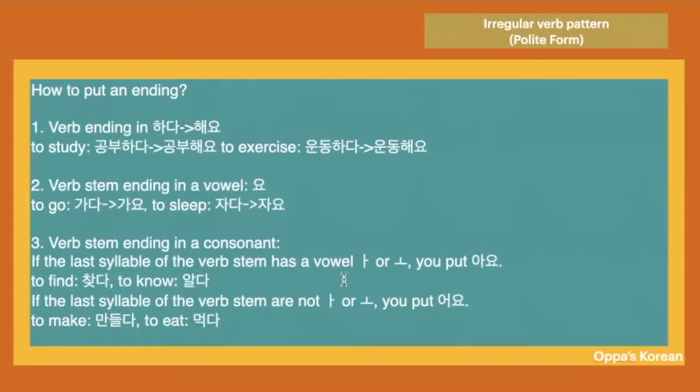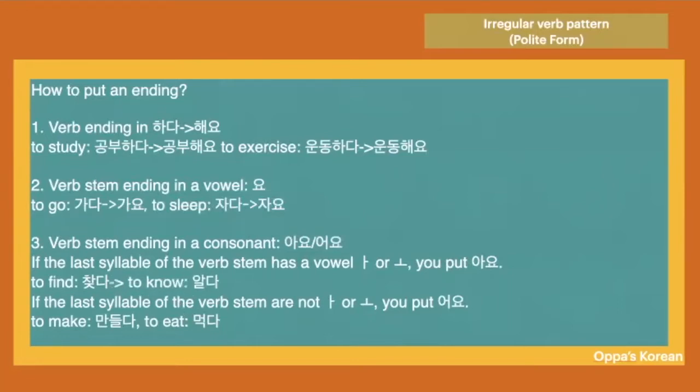Last category, the verb stem ends in a consonant. You put 아요 or 어요 after the stem, depending on the stem. If the last syllable of the verb stem has the vowel ㅏ or ㅗ, you put 아요 for the ending. For example, to find, 찾다.